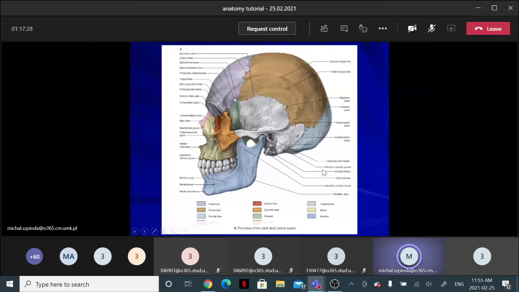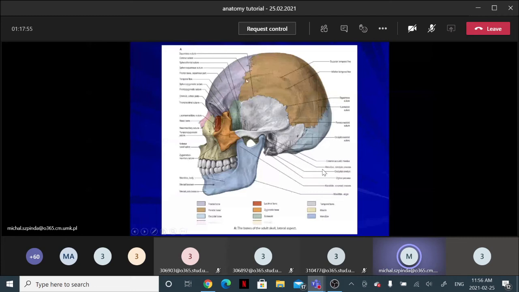In front, it starts with the posterior border of the zygomatic process of the frontal bone, then forms a crest that's called the temporal line. The temporal line soon divides into two lines.